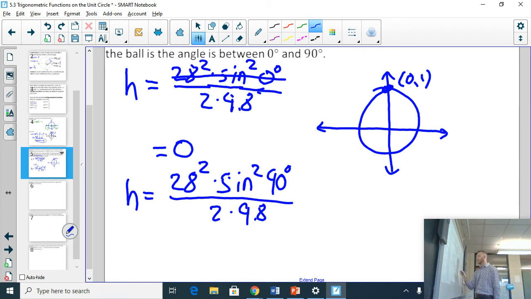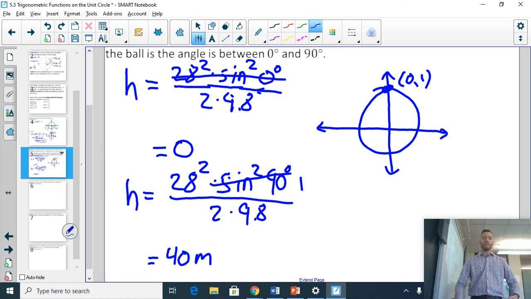Sine of 90 is 1, and 1 squared is just 1. So all we have to do is take 28 squared and divide it by 2 times 9.8, and that will get us 40. And then we're in meters.